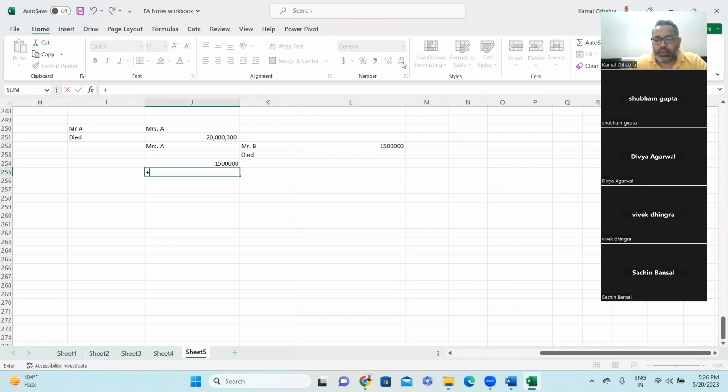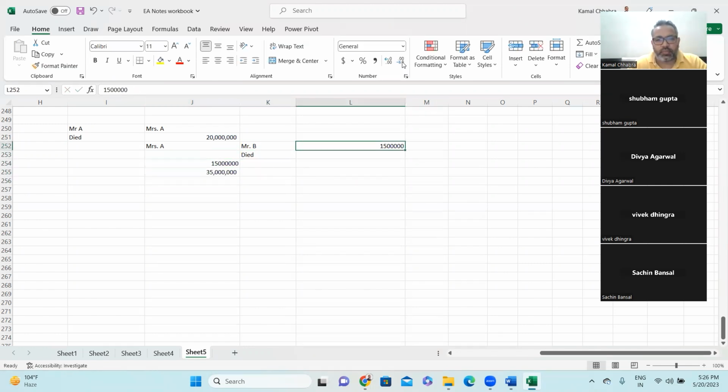So now in total, she has received $20 million and $15 million. In total, she got $35 million property.